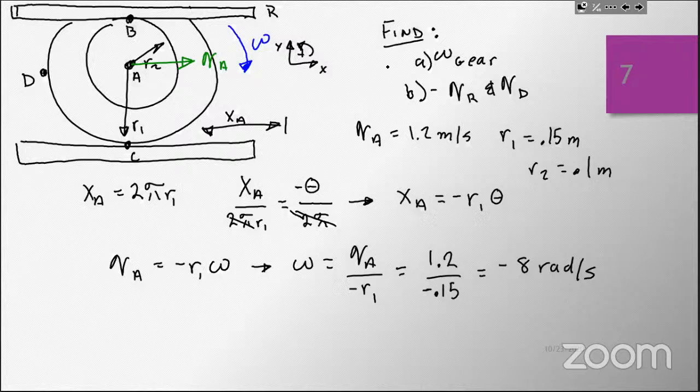So VA and VR are possibly in different directions, so the total velocity seen at point B is different. Any other questions on part A? No?